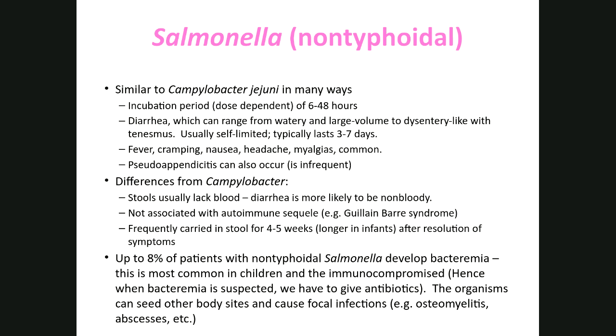The similarity to Campylobacter is the incubation period, and the type of diarrhea which may range from watery to dysentery type, and then there is fever, cramping, etc. And the differences from Campylobacter are that the presence of blood is a more constant feature of Campylobacter.